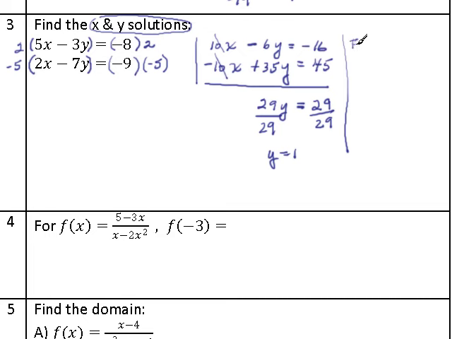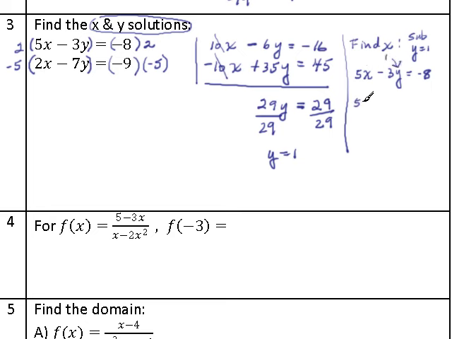And now we want to find x. And we'll do that by substituting y equal 1 in either equation. I'll just copy down the first one. 5x minus 3y is equal to negative 8. And I'm going to put the 1 right here. Okay, y equal 1.